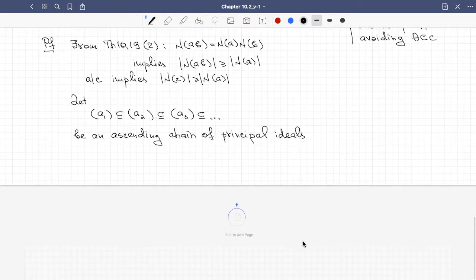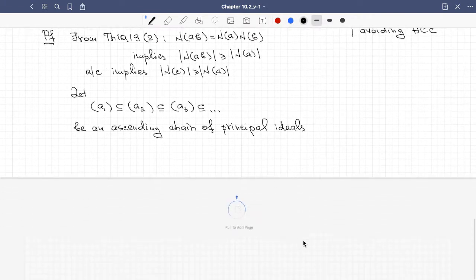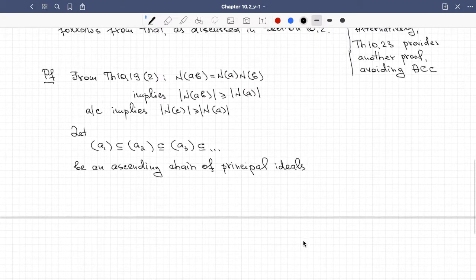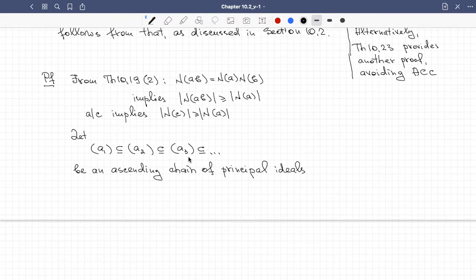The ideals are principal, and we can easily reformulate one ideal sitting inside another one as a divisibility condition.